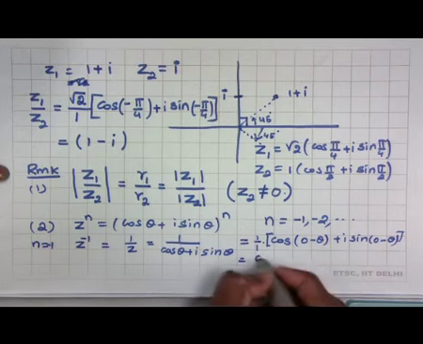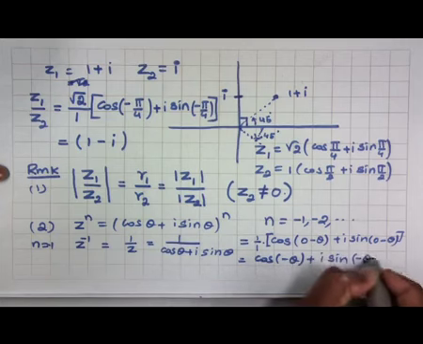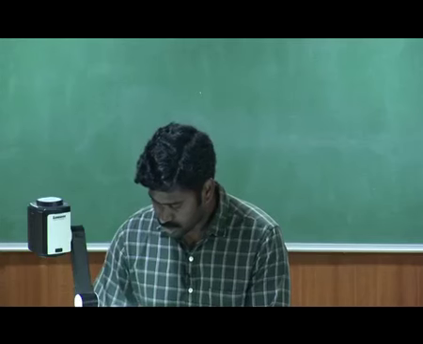So, it is cos of minus theta plus I sin minus theta. For n equal to minus 1, we get this.